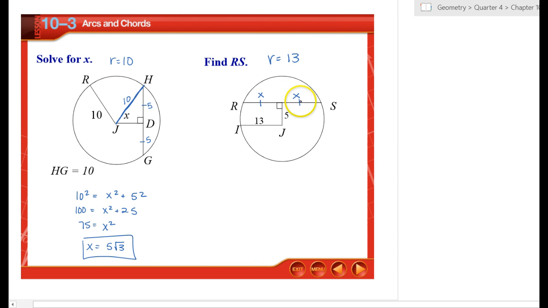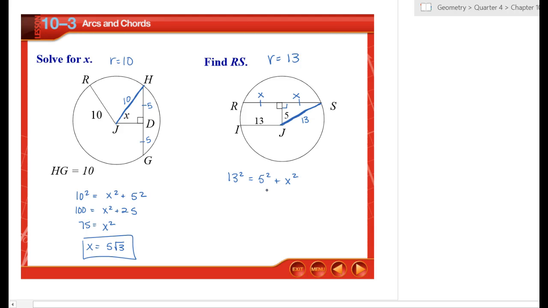I can't just find RS in this problem first. I've got to find half of it, and then I'll multiply by 2. So I'm going to redraw my radius right here to make another right triangle and solve for x. 13 squared is equal to 5 squared plus x squared.